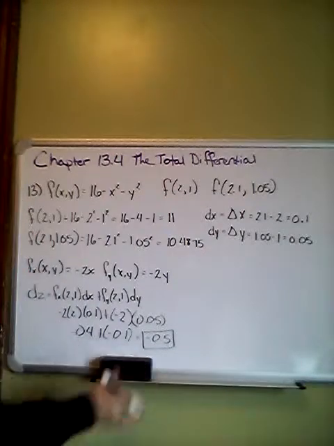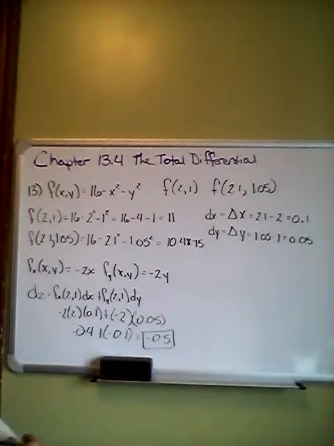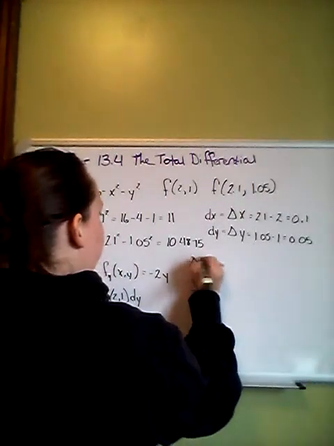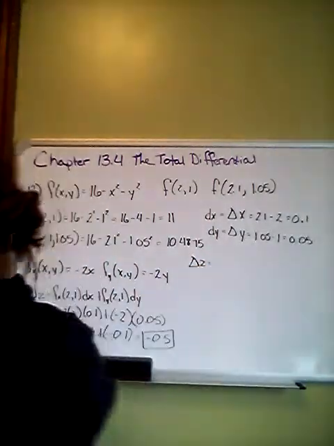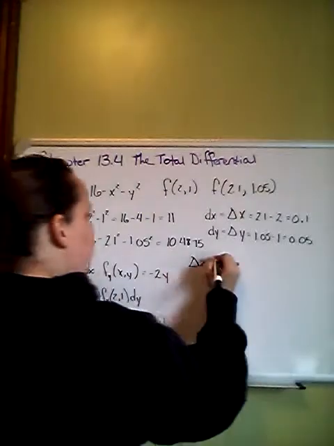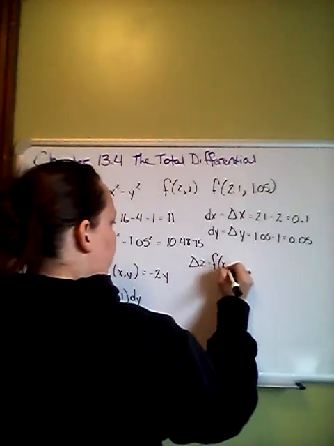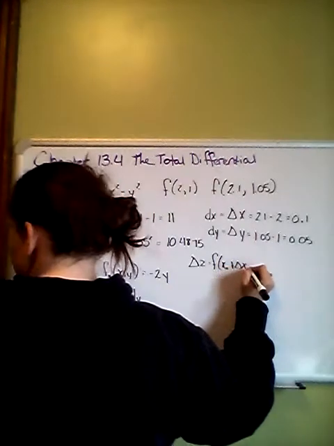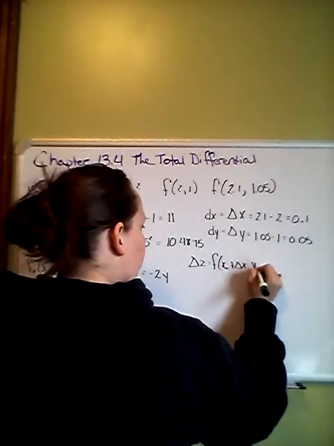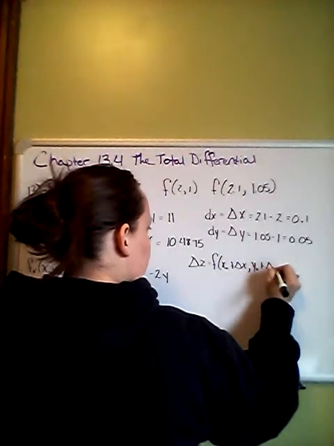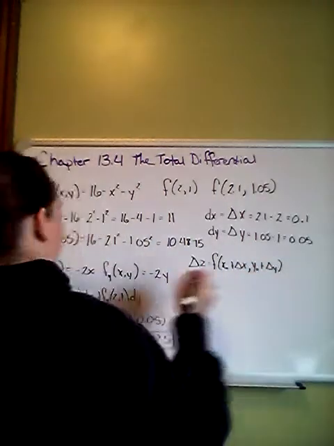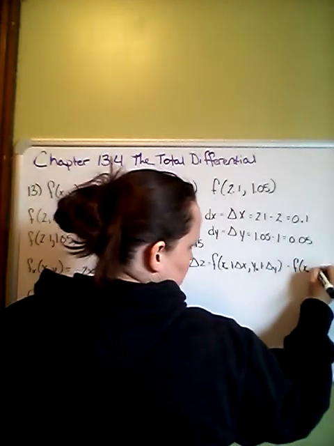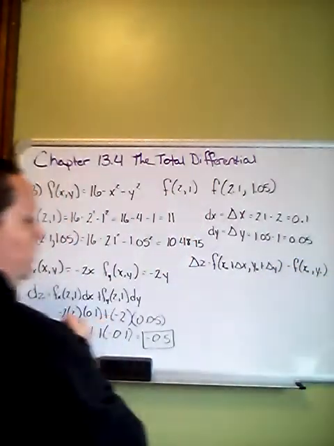Okay, and what we're going to do for that is we are going to use the fact that delta z is equal to f of x naught plus delta x, comma y naught plus delta y, and then we're going to subtract from that f of x naught, y naught.